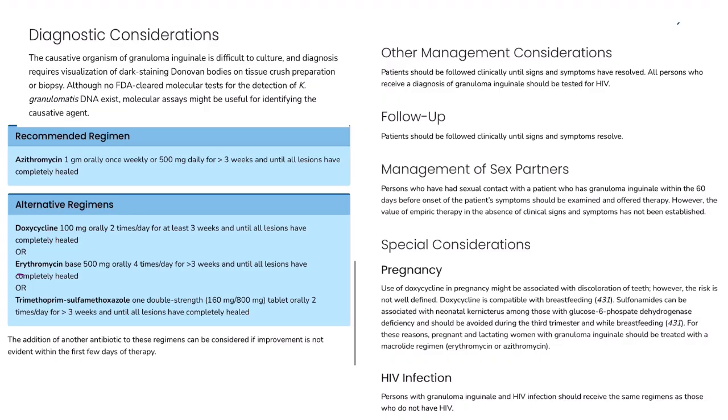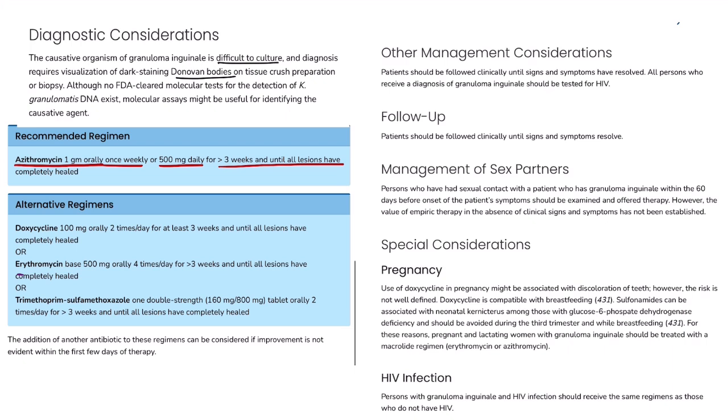We'll move on to the treatment part. This is the screenshot from the CDC guidelines. In diagnosis, they have written difficult to culture and the dark staining Donovan bodies is a characteristic. In treatment, the recommended regimen is azithromycin 1 gram once weekly orally or 500 mg daily for 3 weeks or until all the lesions have subsided.